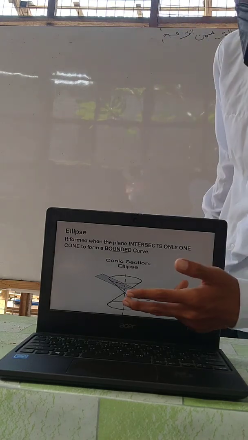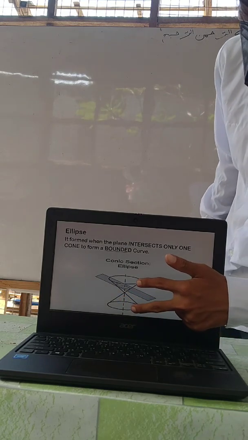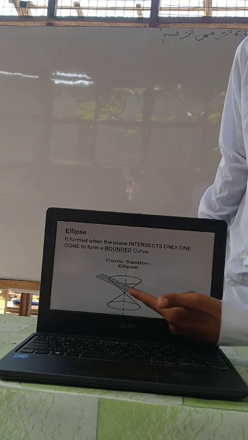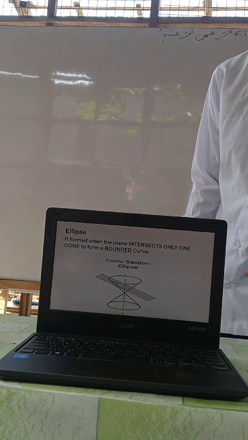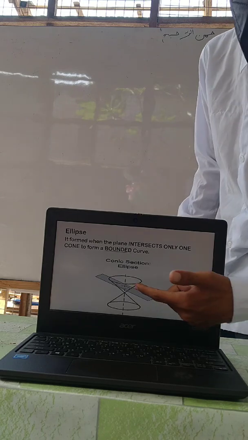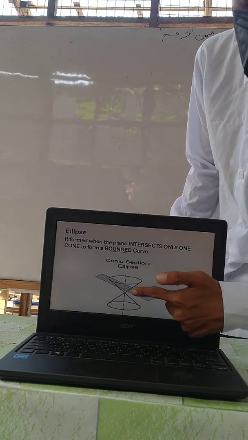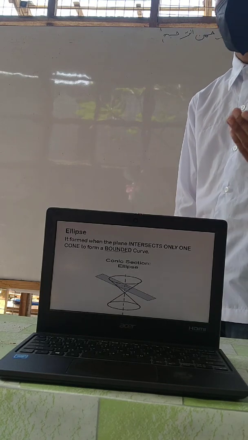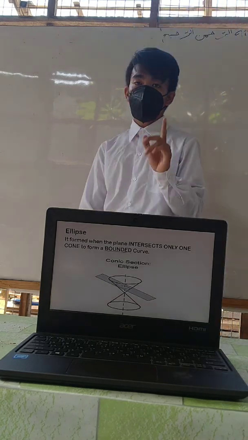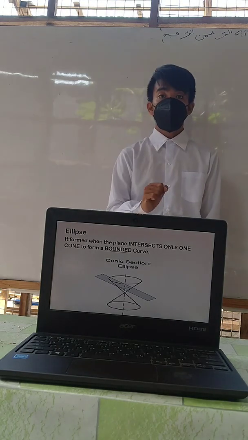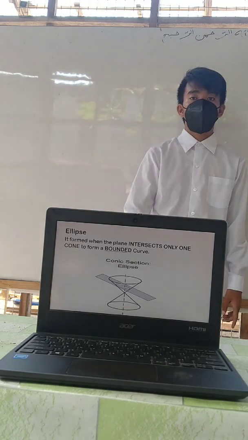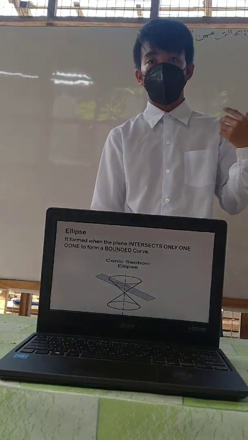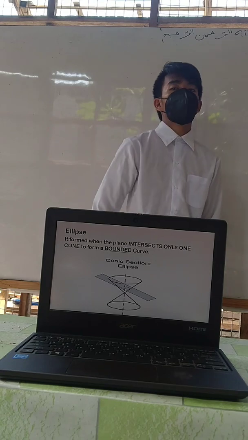You see that there are two cones, but the plane intersects only one cone, and it forms a bounded curve here. Bounded curves are closed curves, which are not open. It's like a circle, but not a perfect circle.